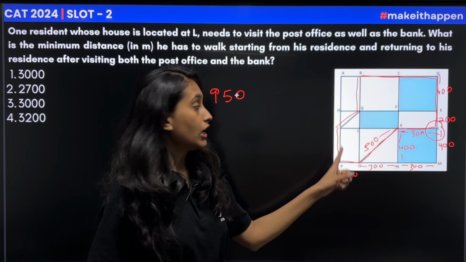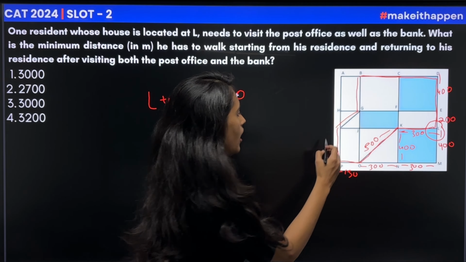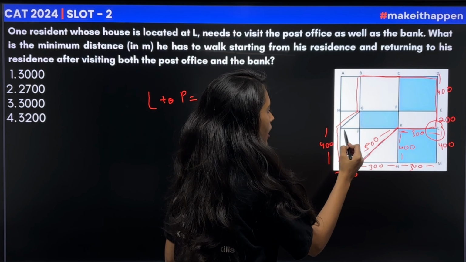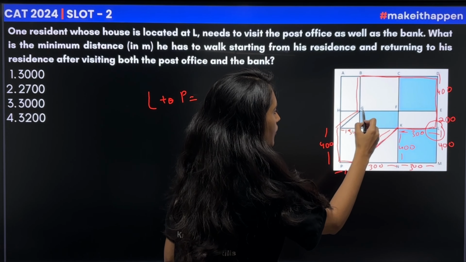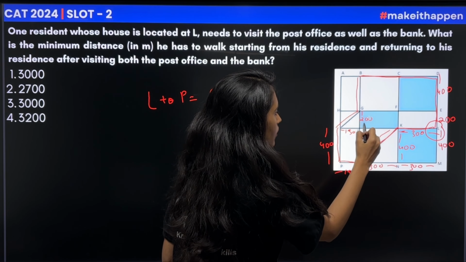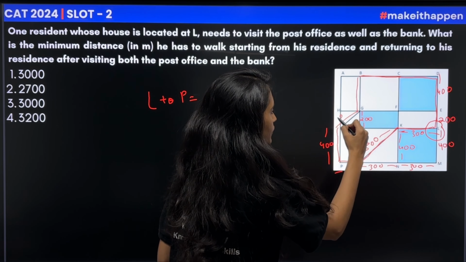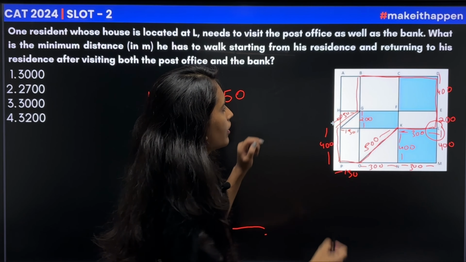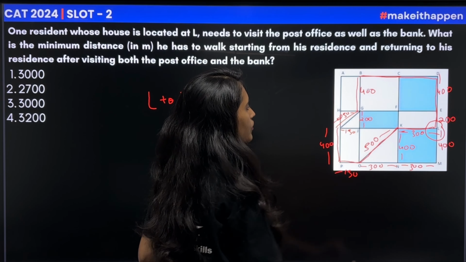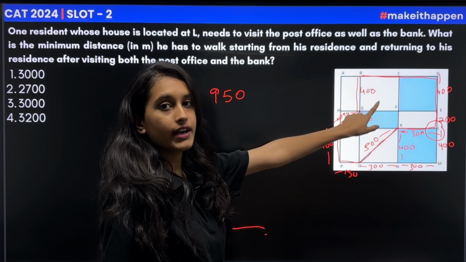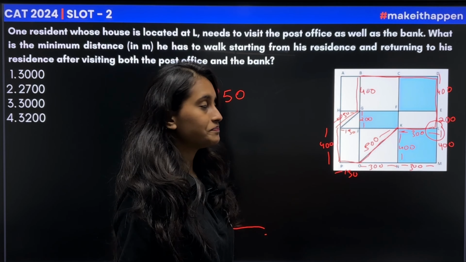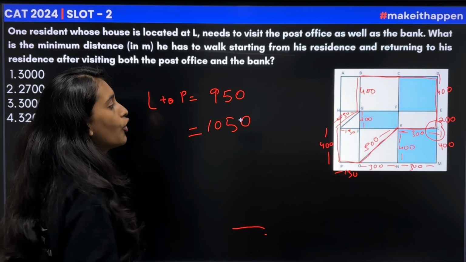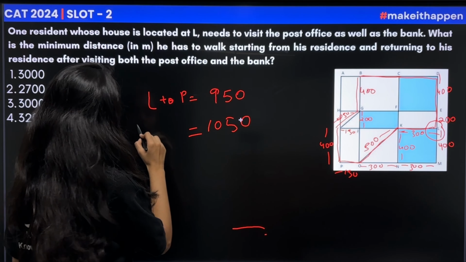Now from P to B, we are moving a distance of 400 plus, here we have 150, here we have 200. So this will be 250, through the Pythagoras theorem. Now this is 400, so 400 plus 400, 800, 800 plus 250, we get 1050 from post office to bank.